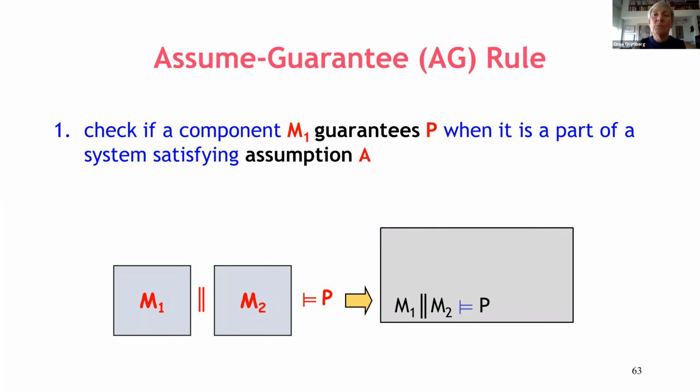For the compositional model checking, we want to exploit the assume guarantee rule.